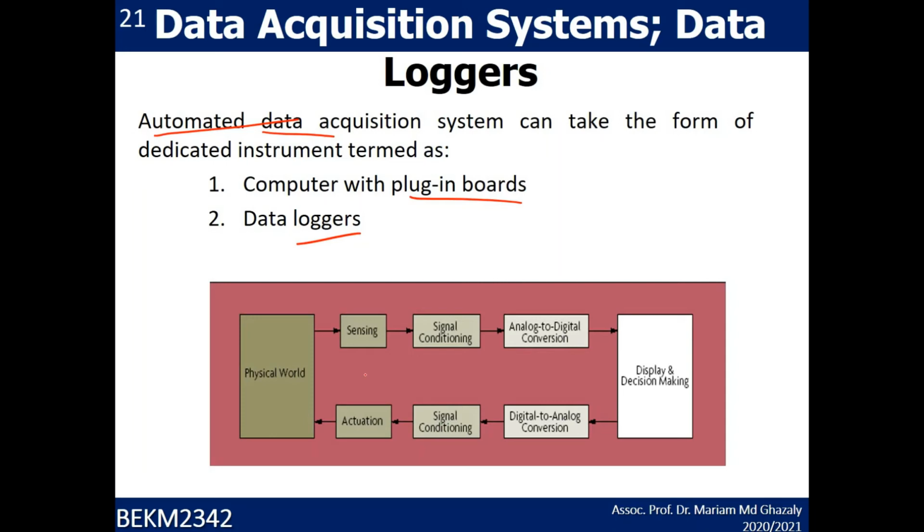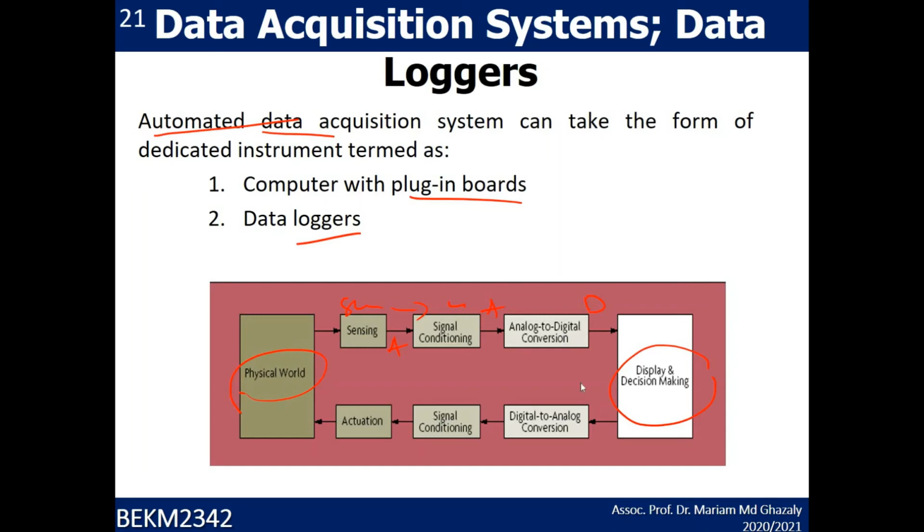If you look into the flow of how the DAQ data is collected, you have the physical data, you need the sensor here, then you go to the signal conditioning. Since the sensor value is analog, you convert from analog to digital, and in digital you display it here. What you are learning in this chapter is the display and decision making.